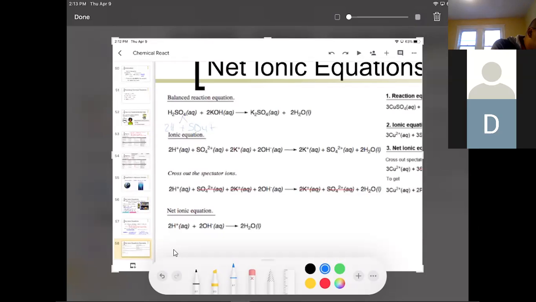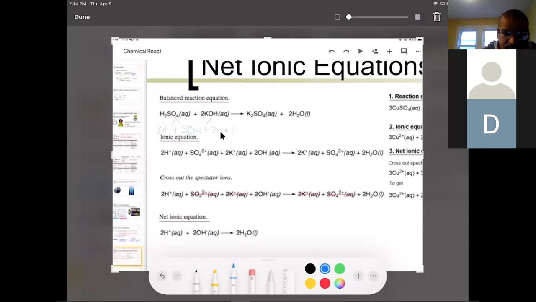It's important to, once again, note your polyatomic ions. But for some reason you can't see what I'm doing. It's not showing up. How come it's not going?